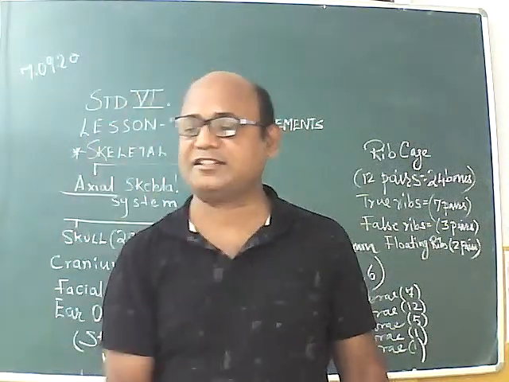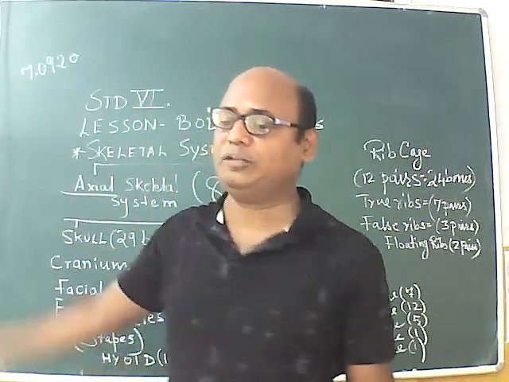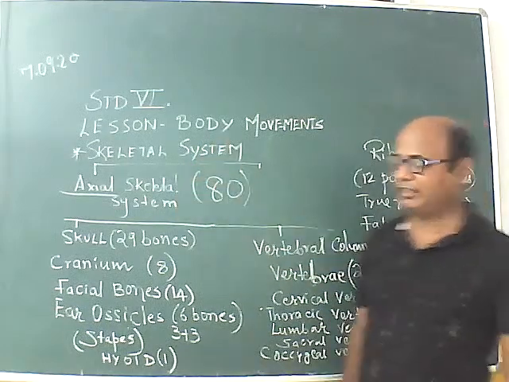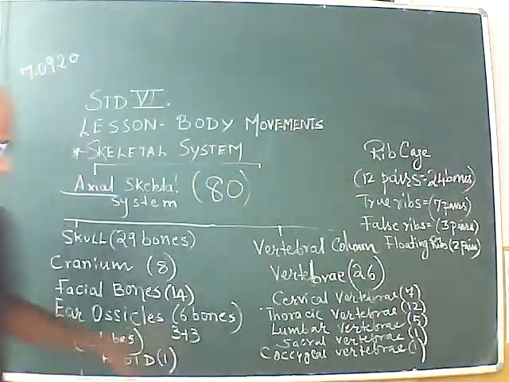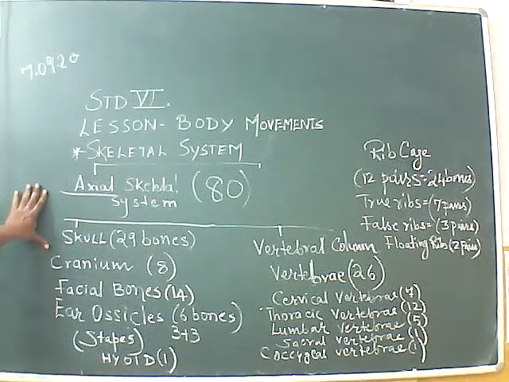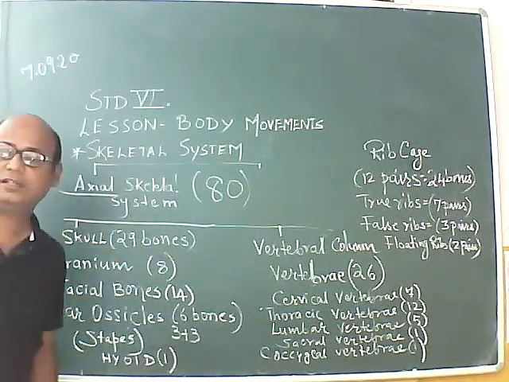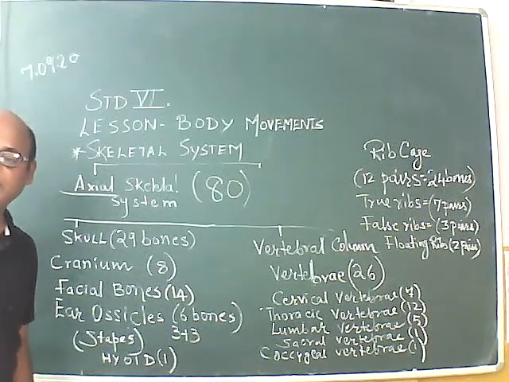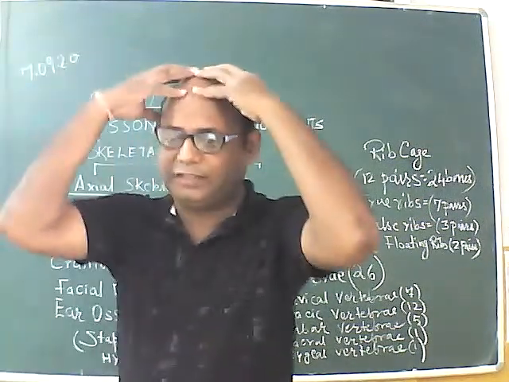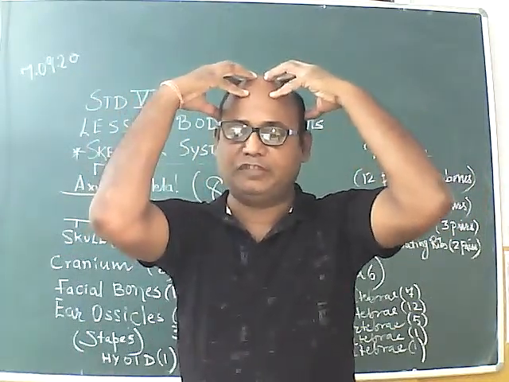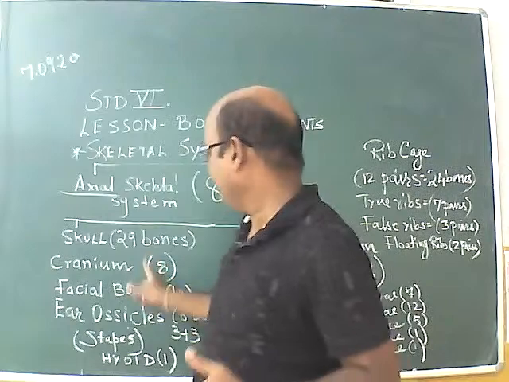If we studied the axial skeletal system today, how many bones are there? 80 bones. Which are they? Very clear. In the skull, 29 bones. The cranium, the bone box which protects the brain, has 8.